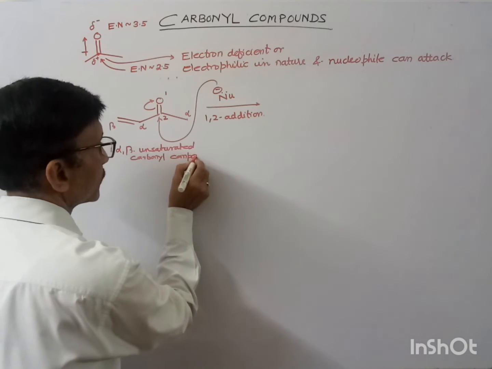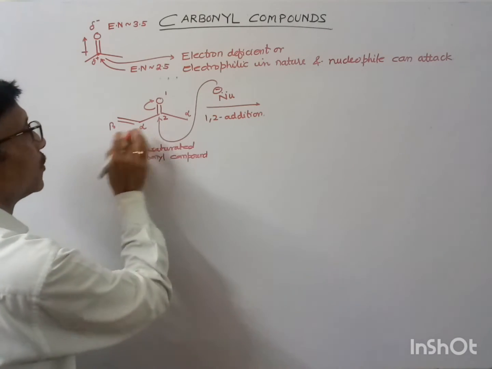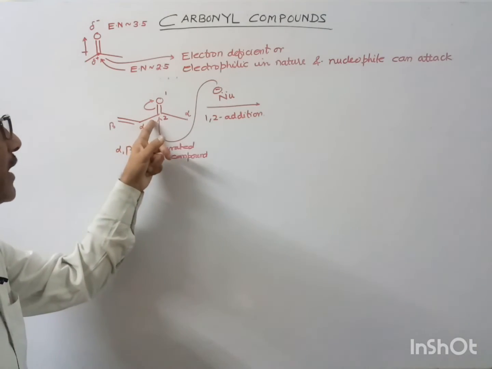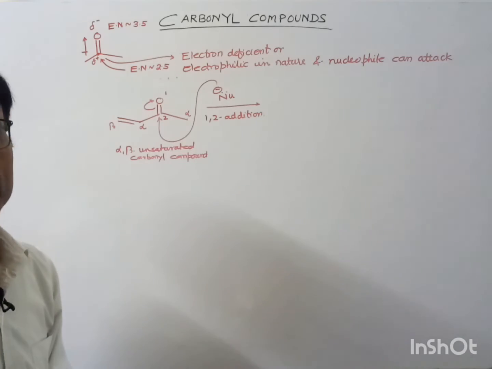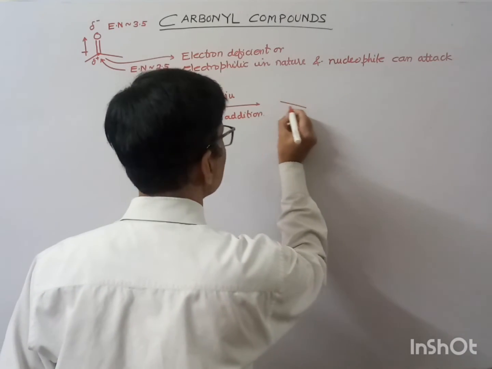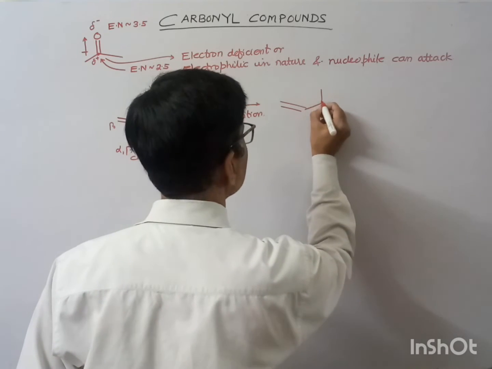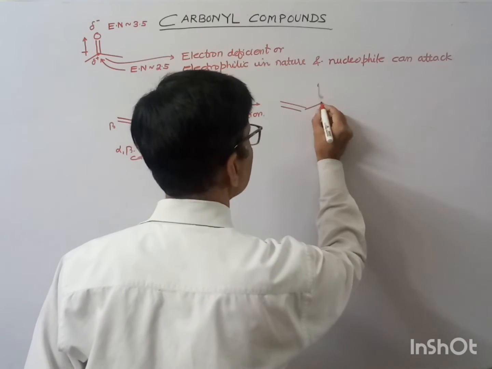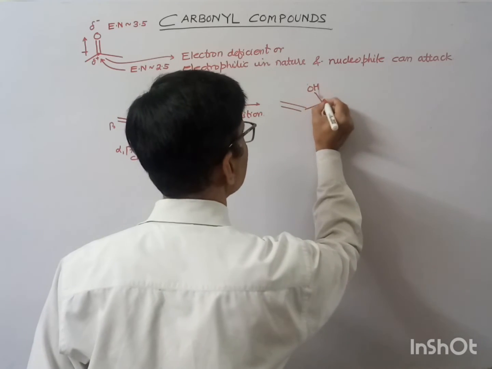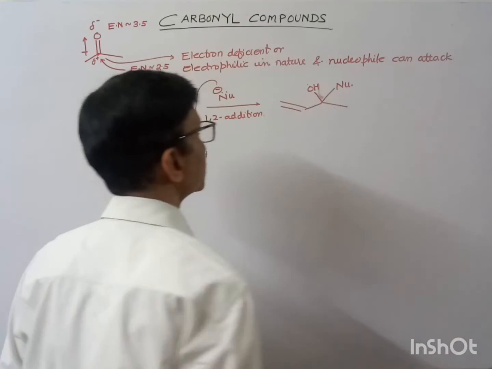Okay. Now here if 1,2 addition takes place, the nucleophile will attack over here, and finally H plus may come. So finally the product would be this, the product in this case.